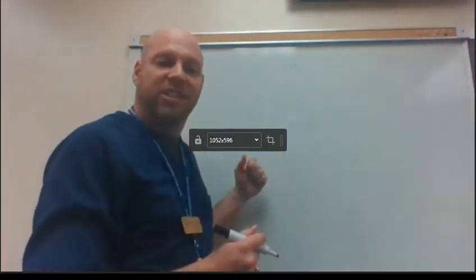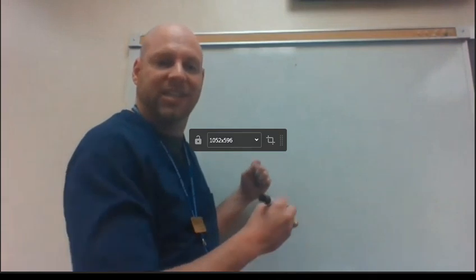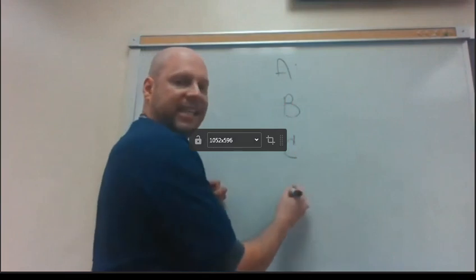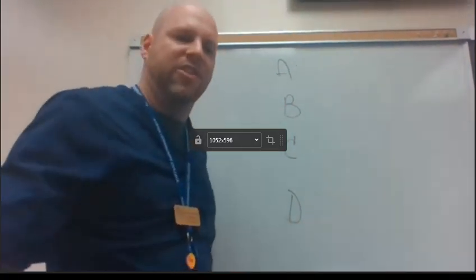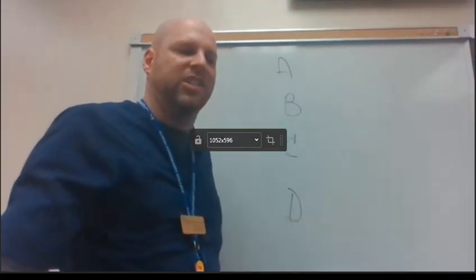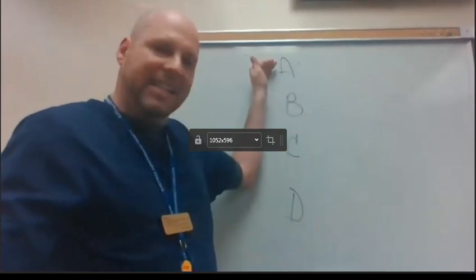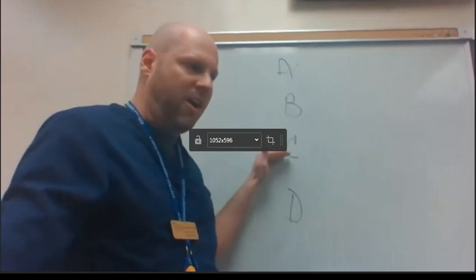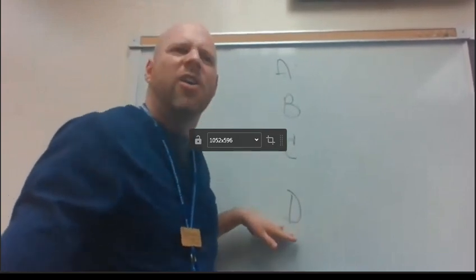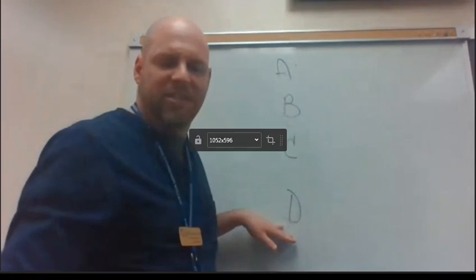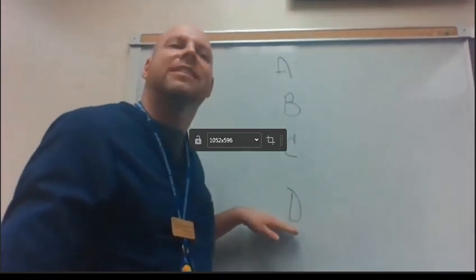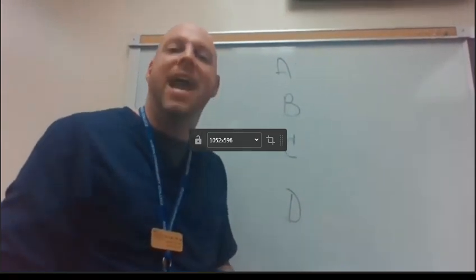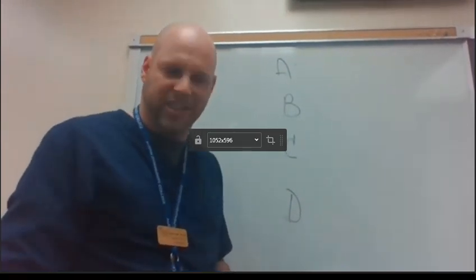For cardiac medications, always remember A, B, C, D. We have ACE inhibitors, beta blockers, calcium channel blockers, and D, diuretics, but I'm going to do diuretics separately. We're going to say digoxin, because those are going to be my main cardiac medications.